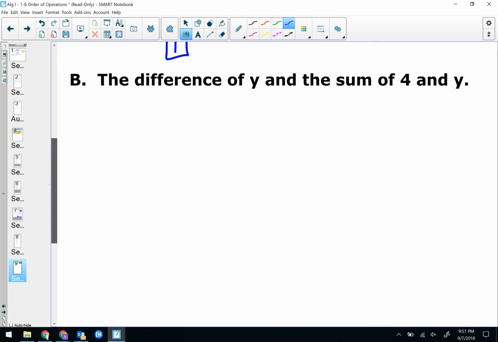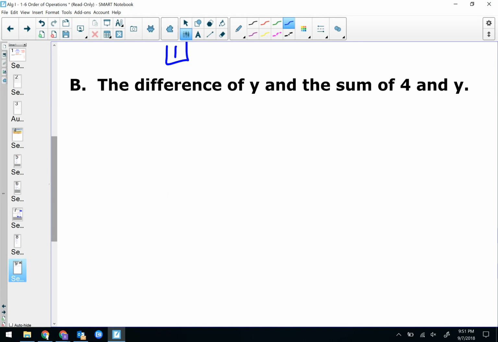Would you pause and try this one on your own? And then we'll get back into it. Okay. Difference of means to subtract. Difference of y and the sum of 4 and y. The sum of 4 and y. Now, think about what I just wrote here.